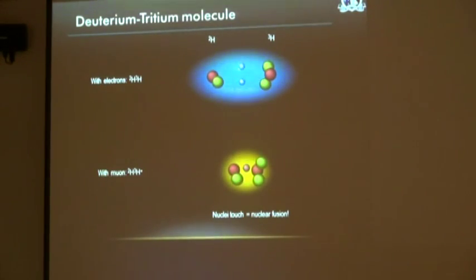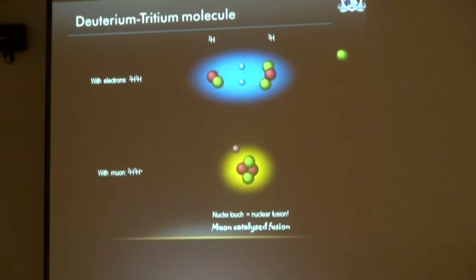And indeed, when you replace one of these electrons with a muon, the two isotopes of hydrogen are pulled so close together, the nuclei touch, they fuse together, a neutron is spat out, and now you've got a fusion byproduct, an alpha particle with the original muon in orbit around it where it soon decays. So this is cold fusion. This does work.